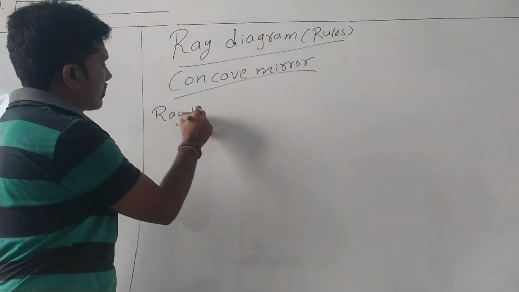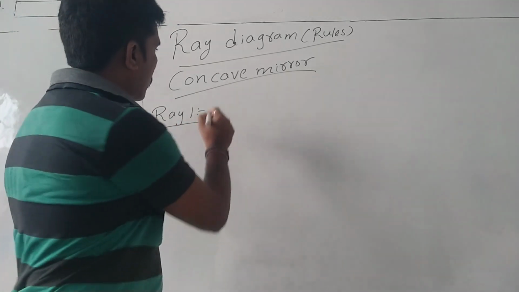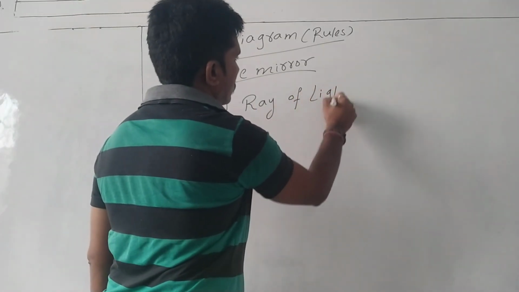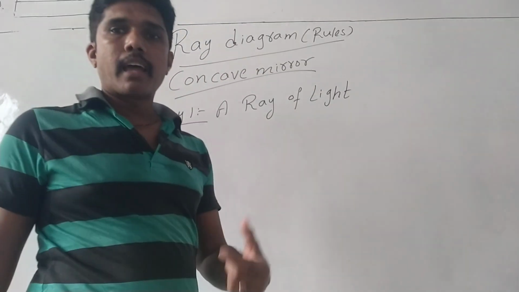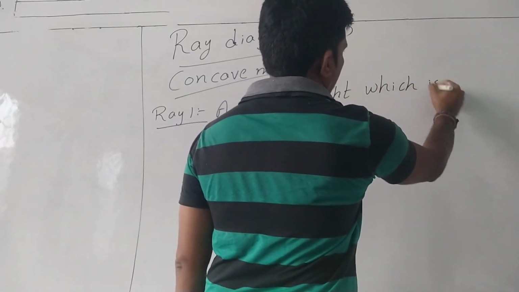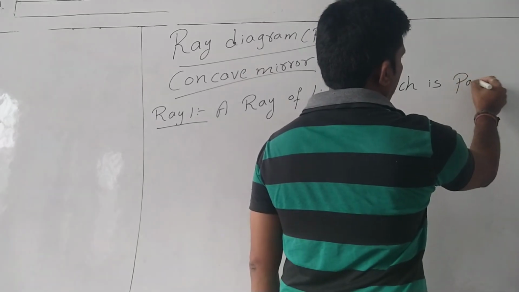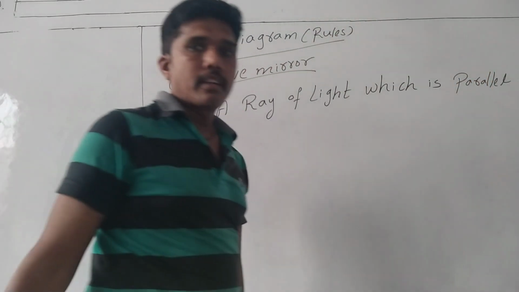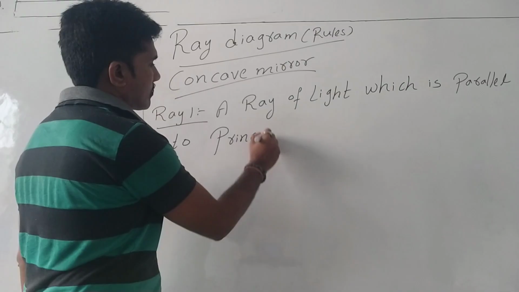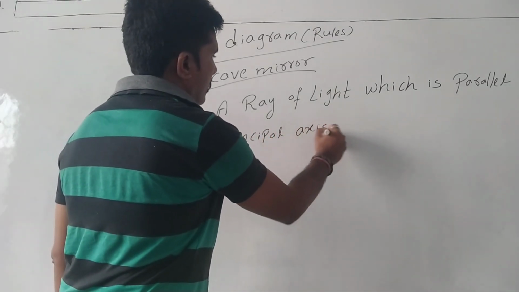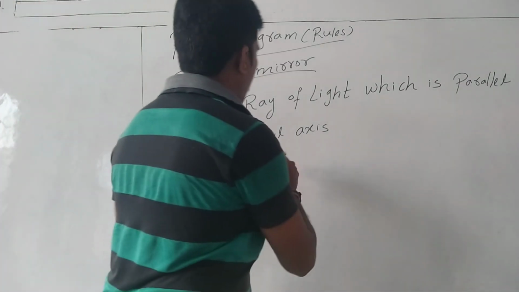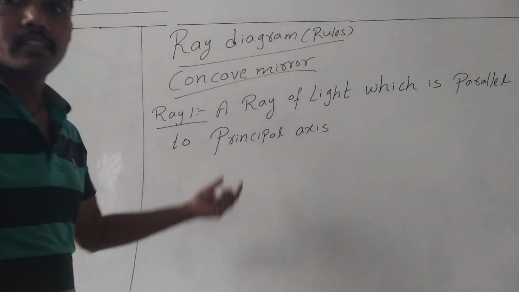Ray 1. A ray of light which is parallel to the principal axis of a concave mirror, what happens?